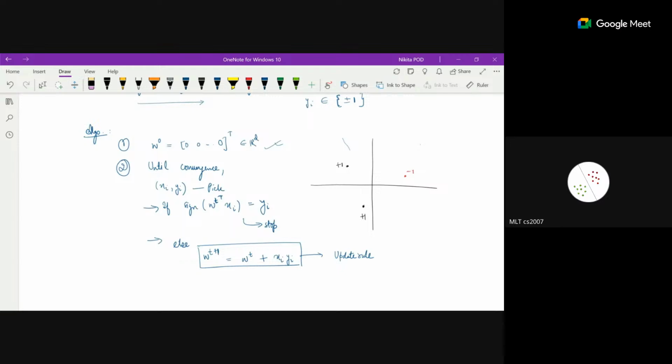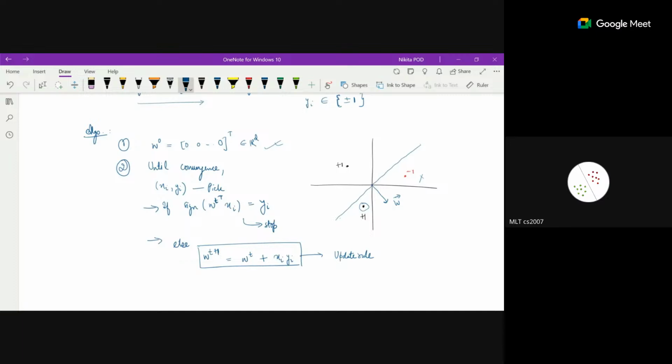Now let's say the initial W that you would have gotten was something like this, and this is my W. If you look at this W, this point is correctly classified, but this is not correctly classified, right? So we cannot say that this W is able to predict my data points correctly, so we cannot say that this algorithm has converged.